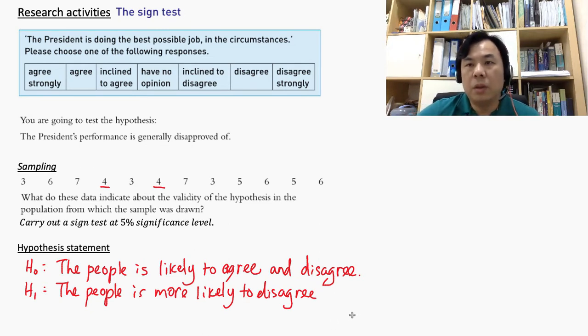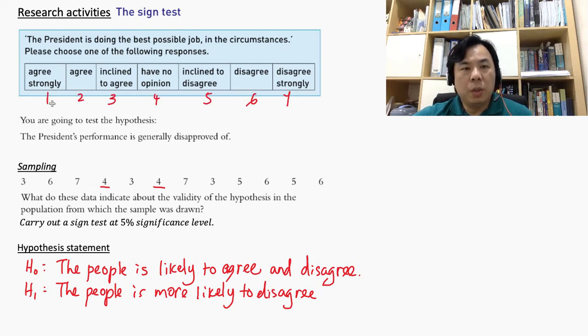This is our hypothesis statement here, more likely to disagree, because our hypothesis states that the president's performance is generally disapproved of based on the responses. So you can also write it down as the people are more likely to disagree than agree. Disagree here would mean the response value would be anything greater than 4.